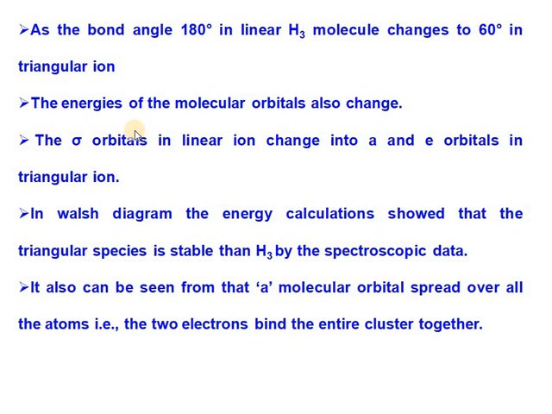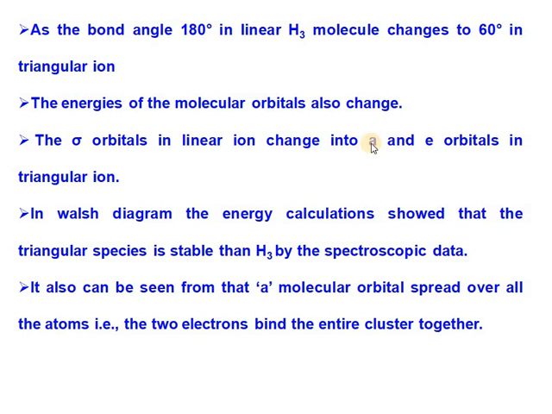The energy of the molecular orbitals also changes, like the sigma orbitals of the linear ion can be converted into A and E orbitals in the triangular ion, right? We have seen this in the last pictures of the molecular orbitals. So in linear molecules we show sigma orbitals, and these sigma orbitals of linear molecules can change into A.